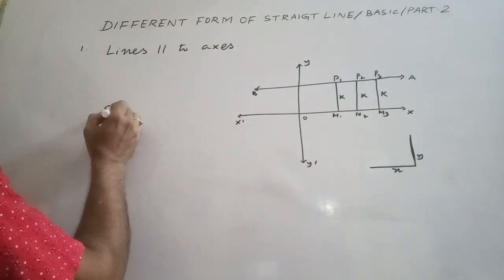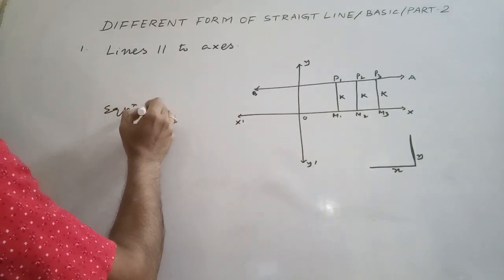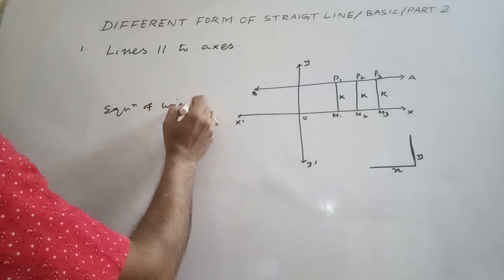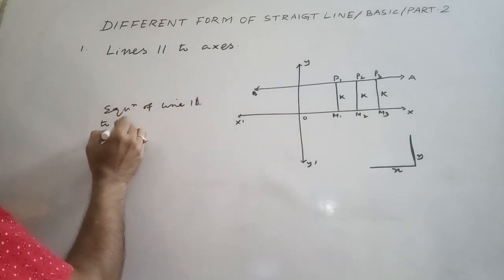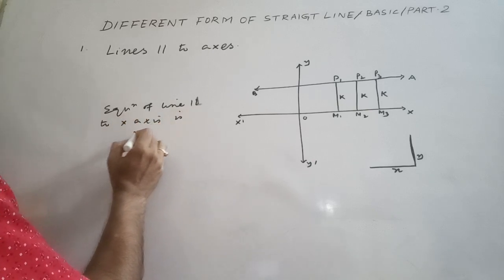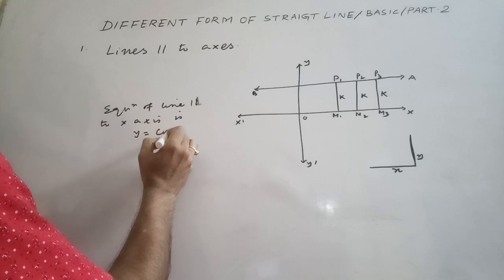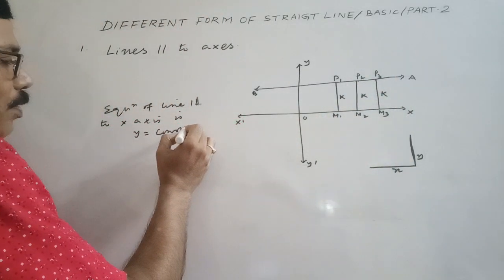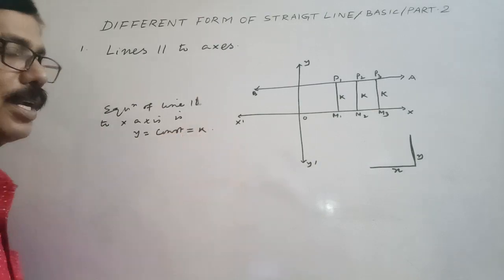So the equation of AB, the equation of a line parallel to x-axis, is y equals to constant. Why is it y? Because it is vertical distance and this is fixed in all cases, k.